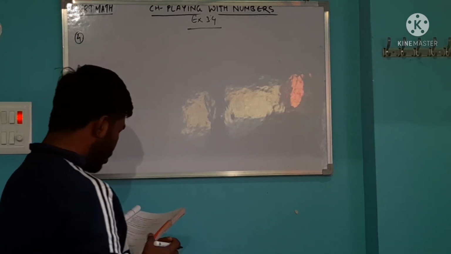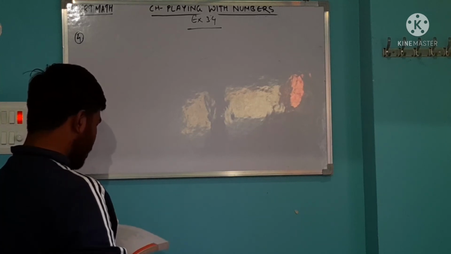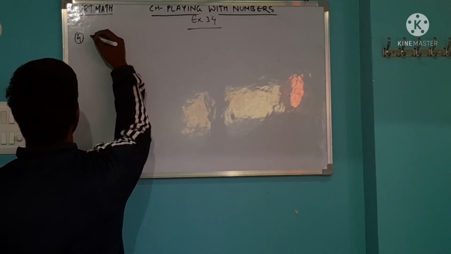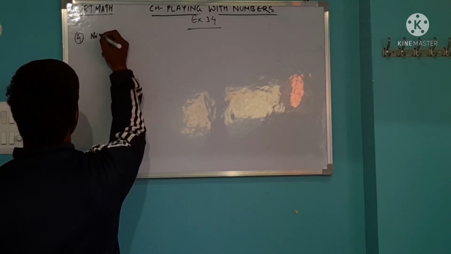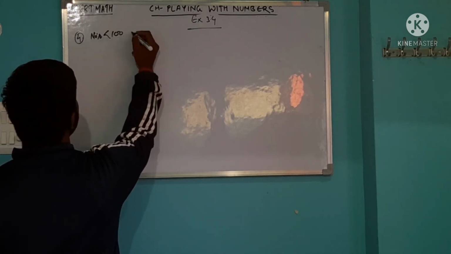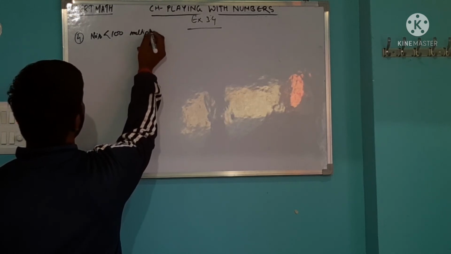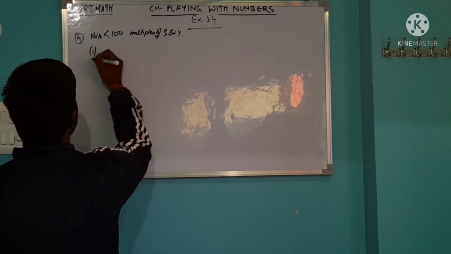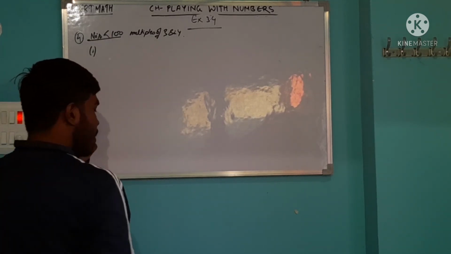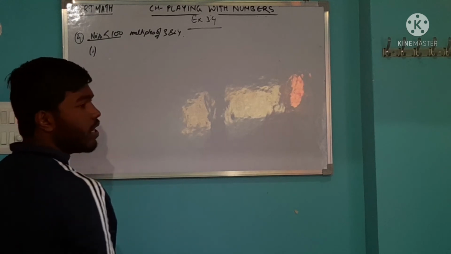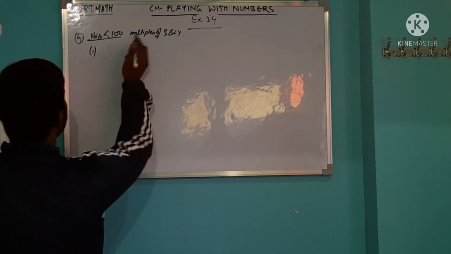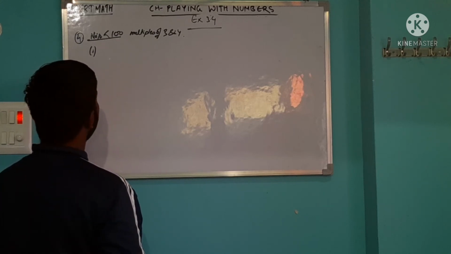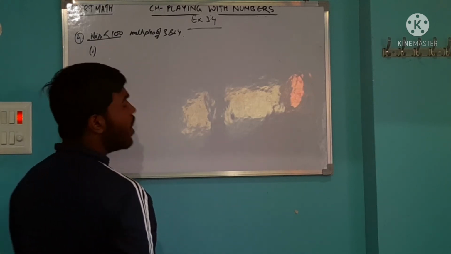The question is: write all the numbers less than 100 which are common multiples of 3 and 4. So simply we need to find the common multiples of 3 and 4 which are less than 100.